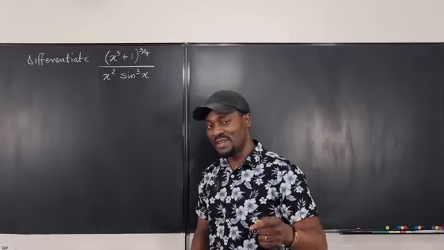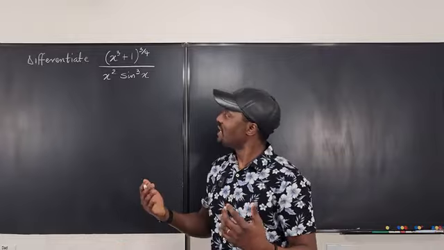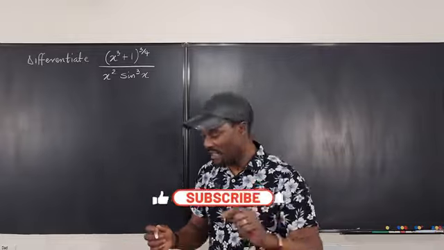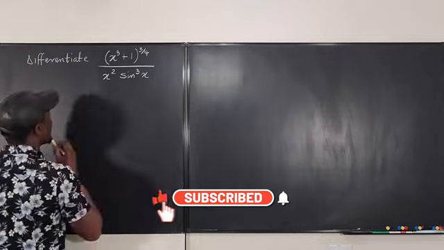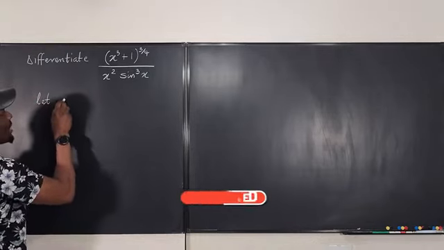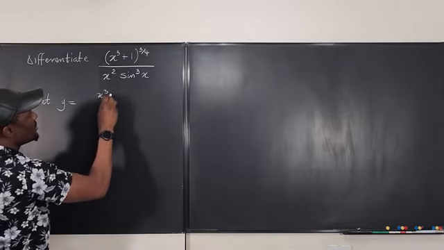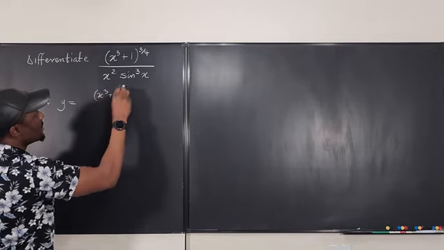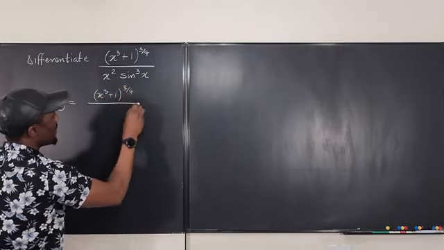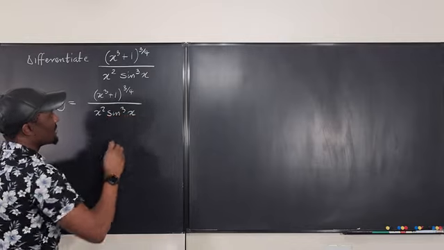For logarithmic differentiation, you just want to introduce natural log and rewrite this. I'm going to say let y be equal to this function, (x cubed plus 1) to the 3/4 divided by x squared sine cubed x.